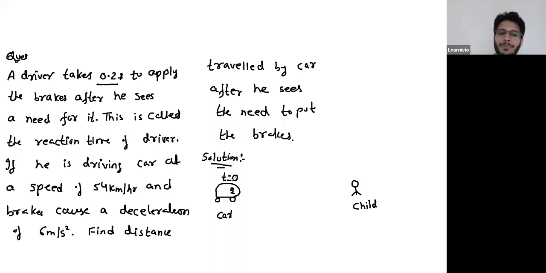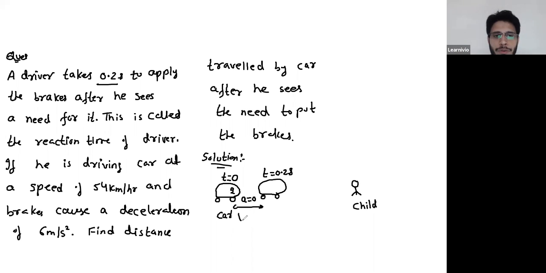He sees this child at t equal to 0. But to apply the brake, it takes some 0.2 seconds. After 0.2 seconds, he applies the brake. So from 0 to 0.2 seconds, there is no acceleration, because the car will deaccelerate only after the driver applies the brake.